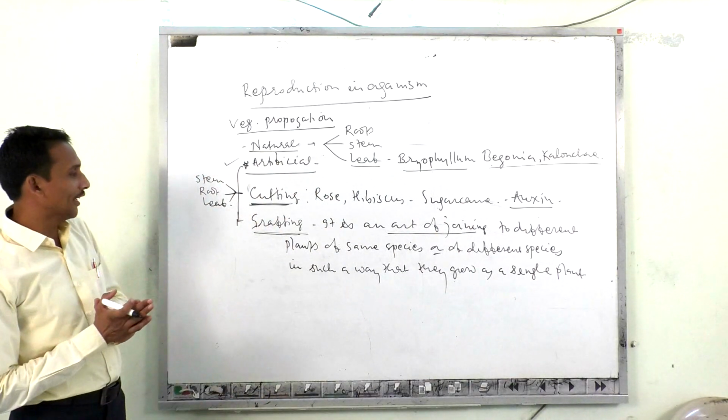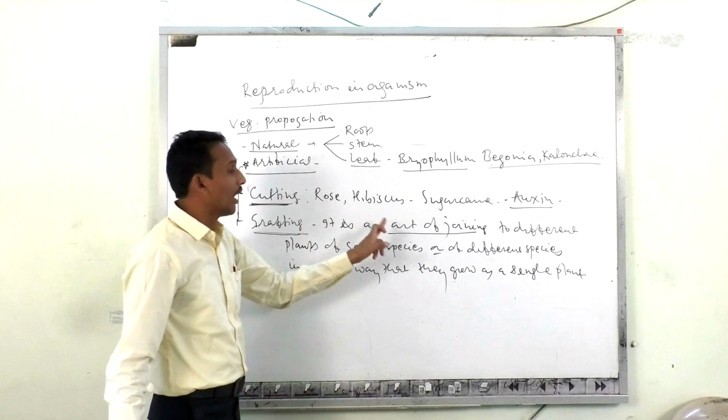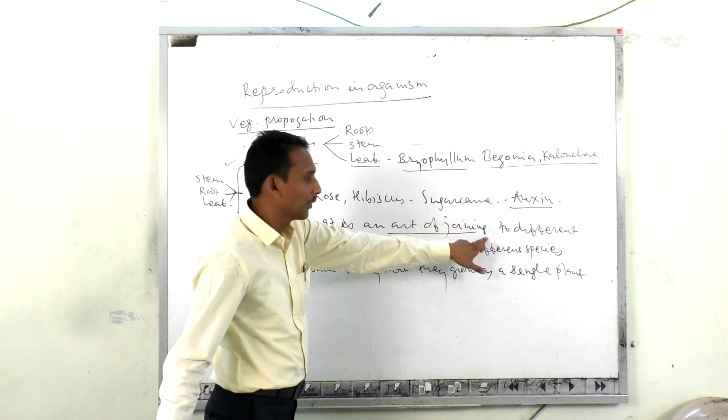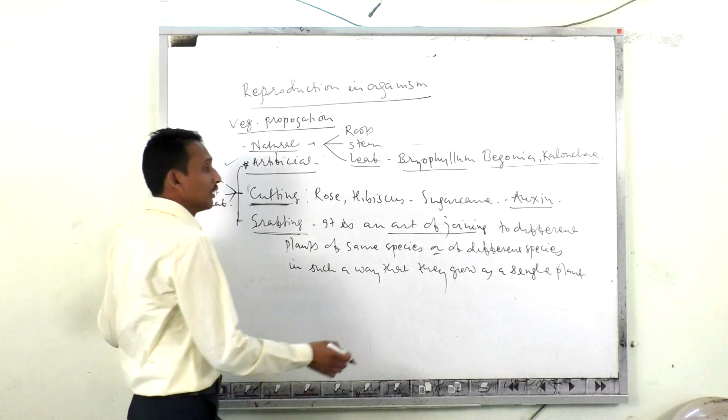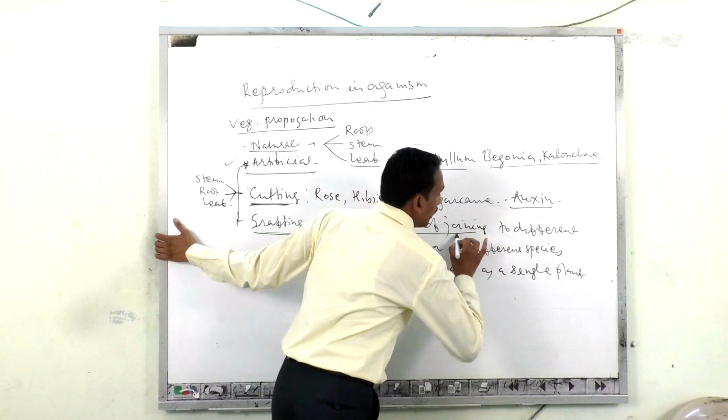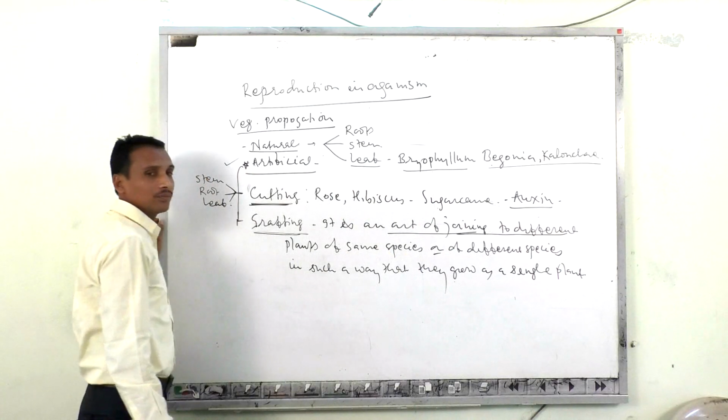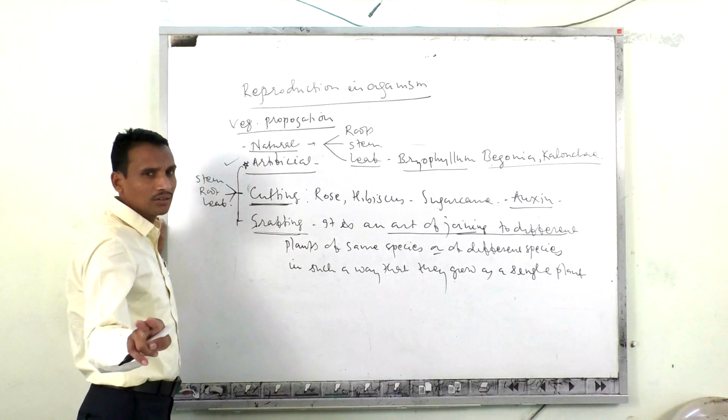What does the definition say? So grafting is an art of joining. It is one of the methods. It is an art. What can we do here? Here there should be a joining, a combination, of two different plants.